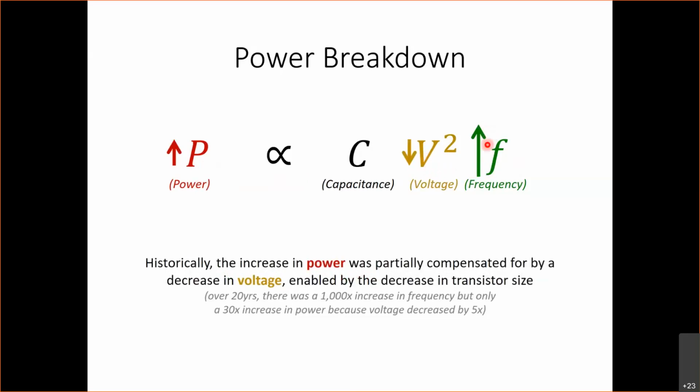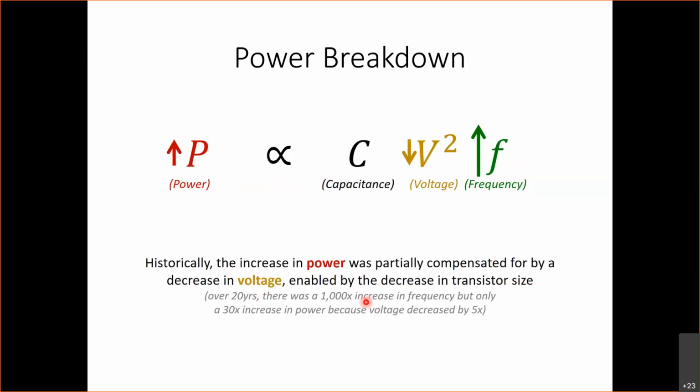By increasing the frequency but decreasing the voltage, we offset the increase in power, so that it is not as pronounced as the increase in frequency. So historically, the increase in power was partially compensated for by a decrease in voltage, and the decrease in voltage was also enabled by the decrease in transistor size.